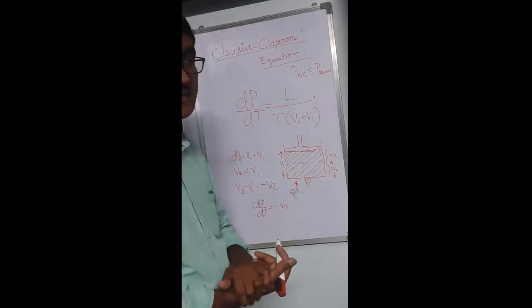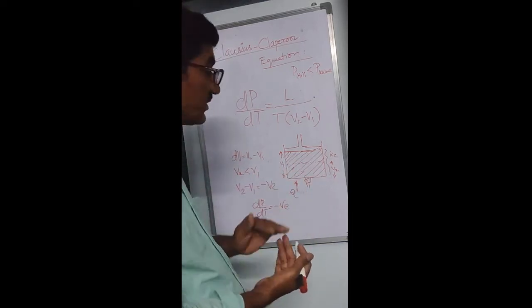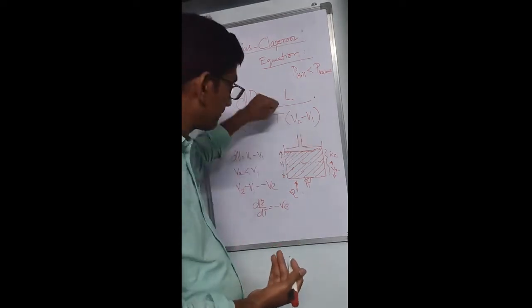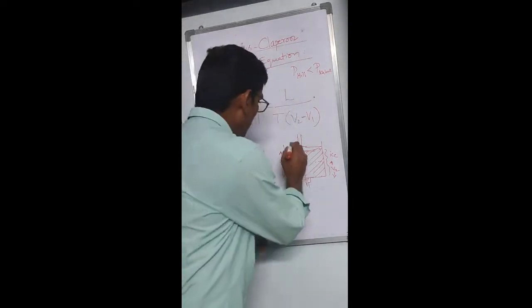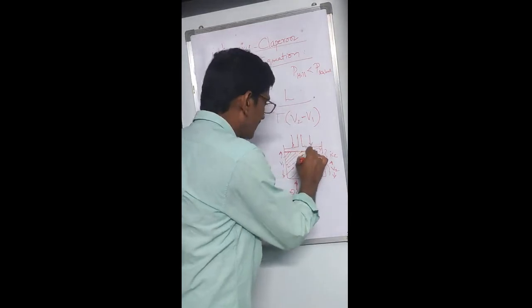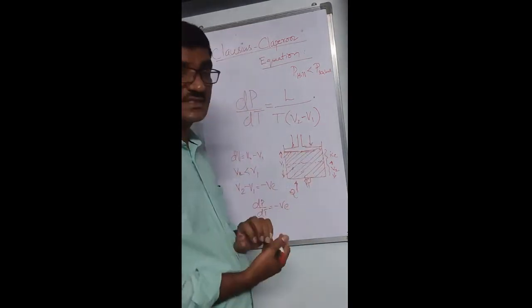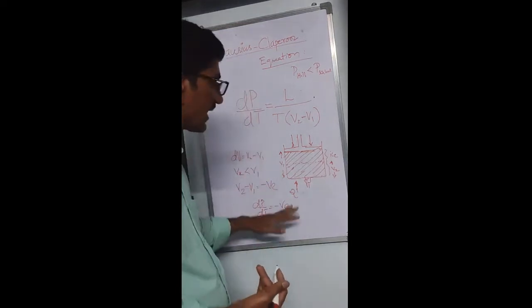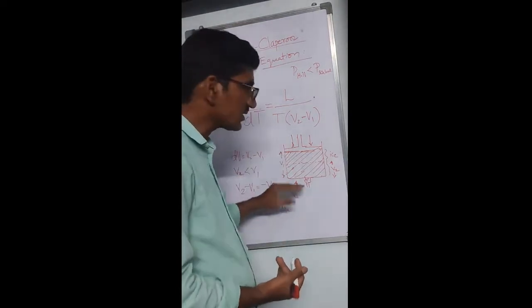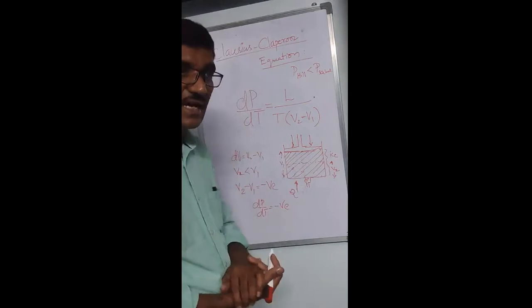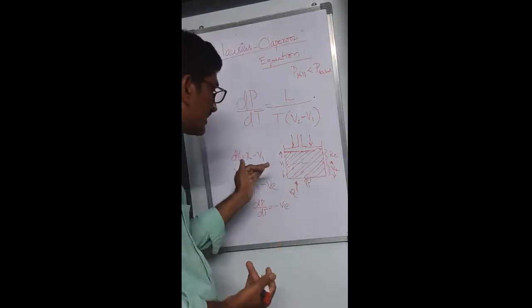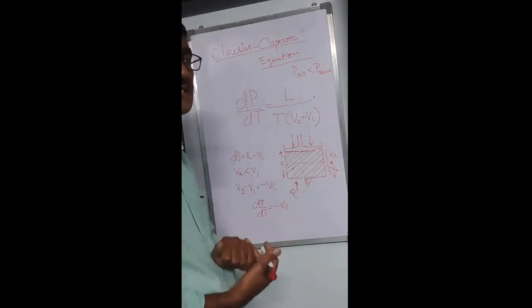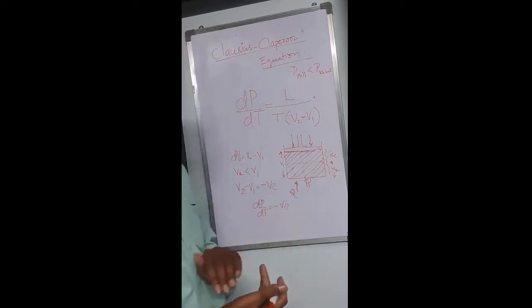Why? Because its melting point is decreasing due to the excess pressure. If you push this piston downwards, the pressure is increasing. So now you need not supply more heat to convert it into water. It starts melting at some lower temperature. That means as the pressure increases, its melting point decreases.